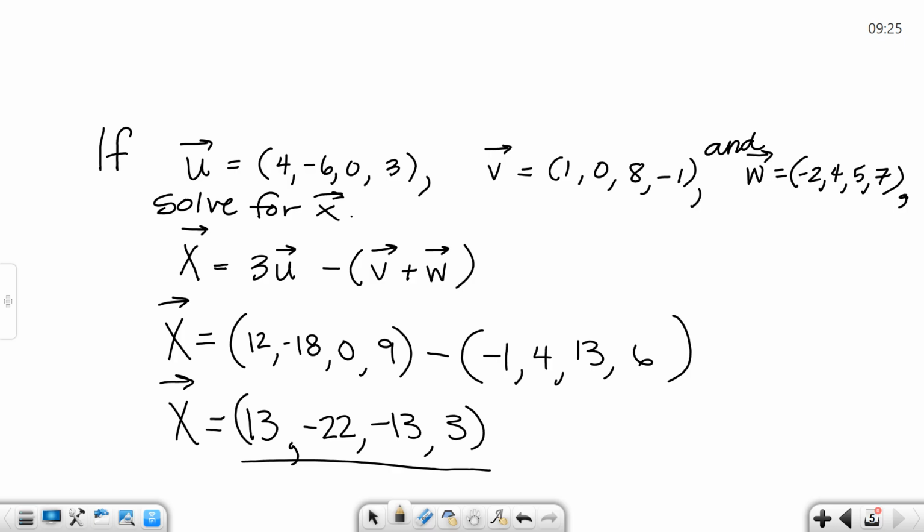Let's see what I did wrong. Oh. Negative 8. Oh. It's miscopied.